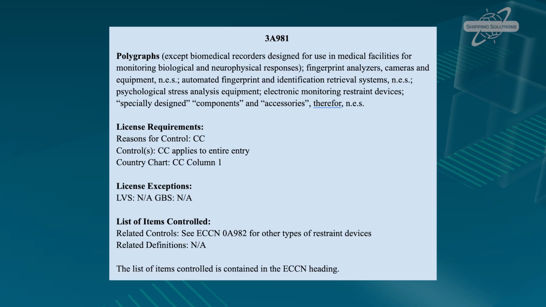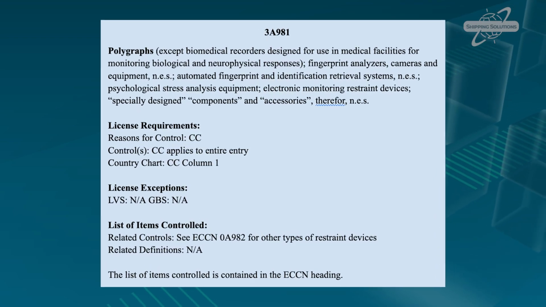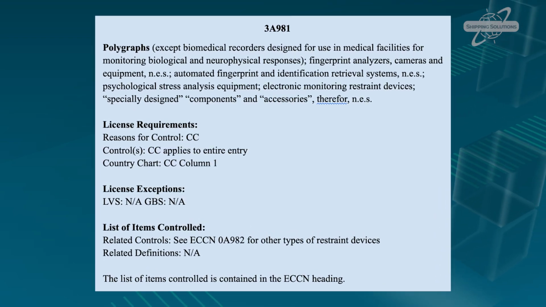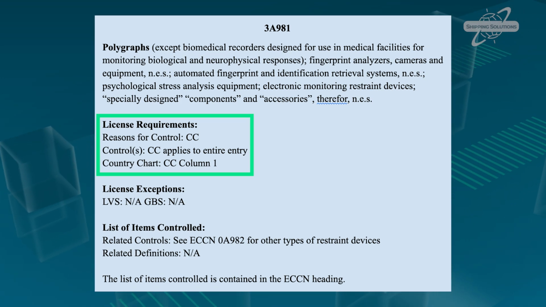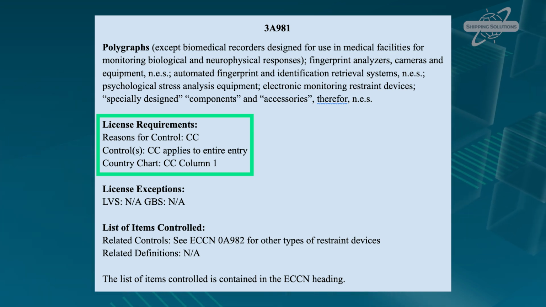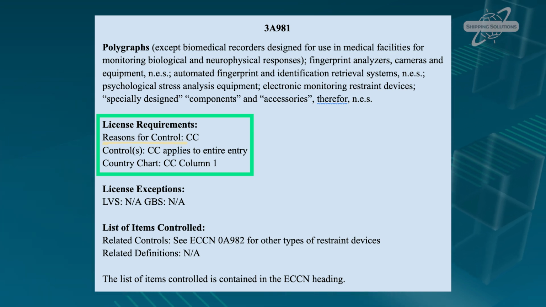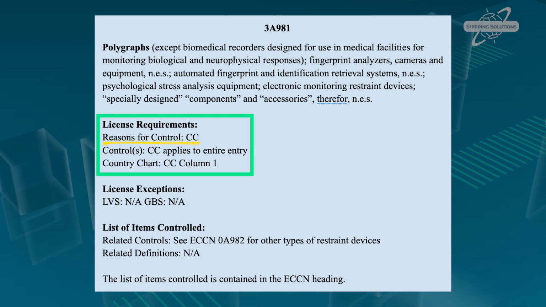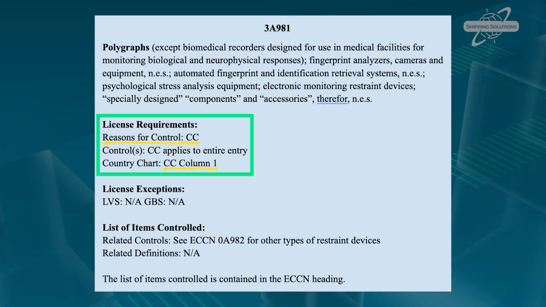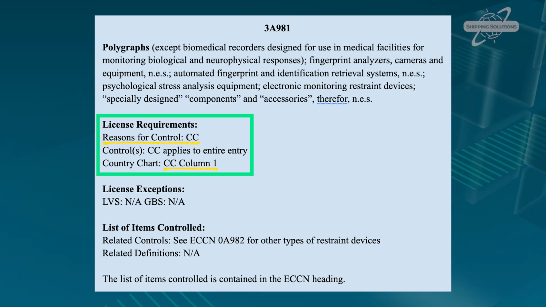If we look back at the ECCN entry for our polygraph equipment, 3A981, we see a paragraph labeled License Requirements. That paragraph lists the reason this item is controlled under the EAR as CC, which stands for Crime Control. It also identifies CC Column 1 on the country chart, which I'll explain in a minute.